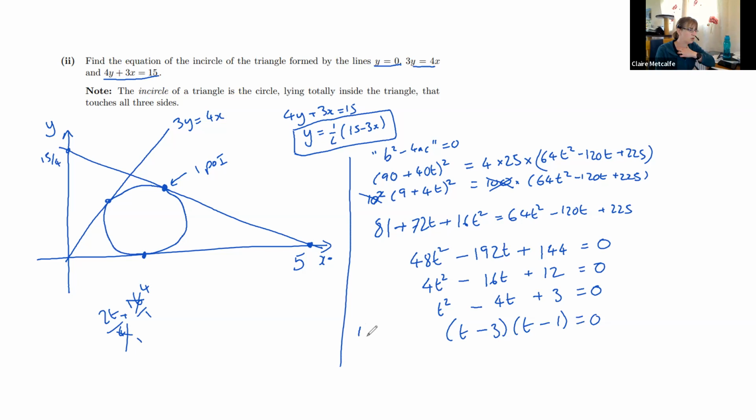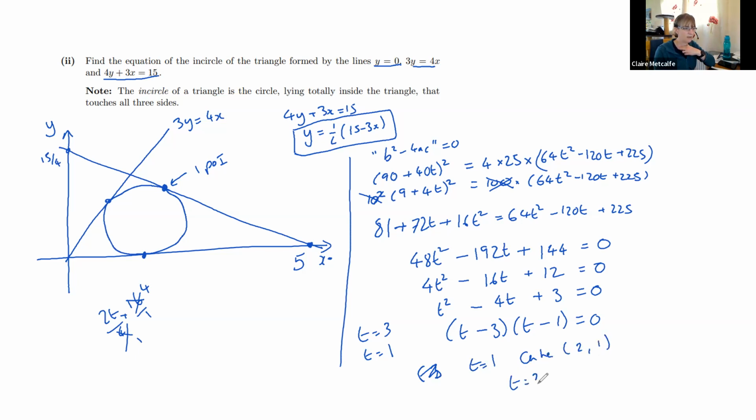So we seem to have got two values of t. So let's not panic to begin with. We've got t equals 3 and t equals 1. This would give me the center of the circle is either at 2, 1 or 6, 3. So if t equals 1, the center is at 2, 1.